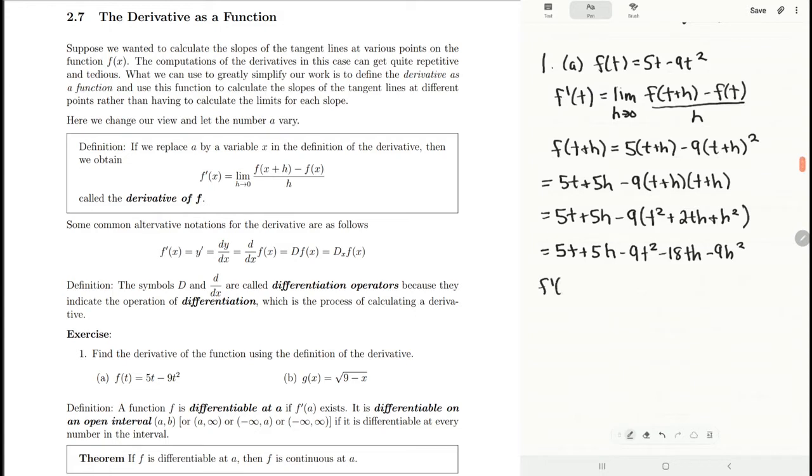So now we can calculate our limit. So we have the limit as h goes to 0 of 5t plus 5h minus 9t squared minus 18th minus 9h squared. And then we subtract f of t, which is 5t minus 9t squared, and that's all divided by h.